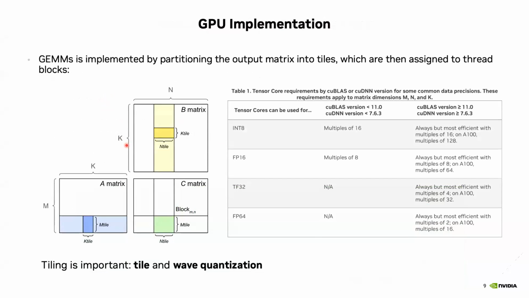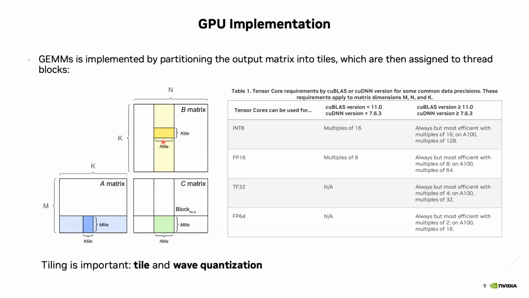Now, the way GEMM is implemented is actually quite important to understand. I have this matrix multiplication, and the beauty of GPUs is that we can parallelize it, send it to different SMs, they do their compute, and we push it back to matrix C. And we can control this, or rather software can control it, by splitting this matrix into tiles, and then every SM does this tile computation.